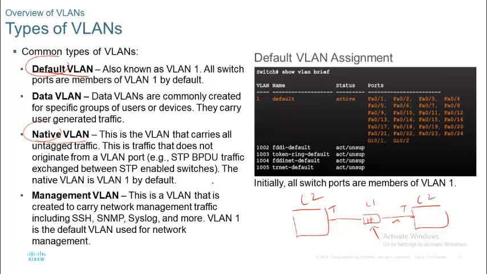Now, in the hub, you have a computer, and this computer is sending traffic. Which VLAN will the traffic be a member of? No VLAN. The traffic will not be a member of any VLAN. Why? Because a hub cannot have VLANs.